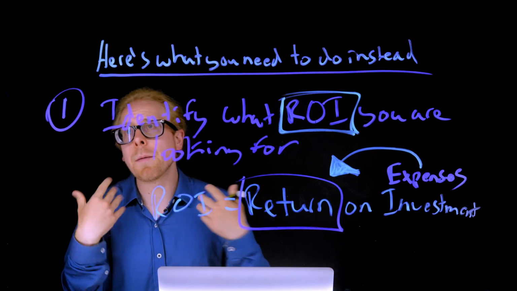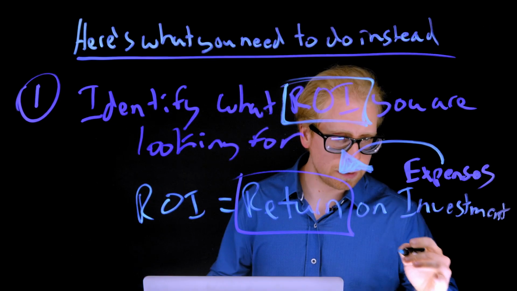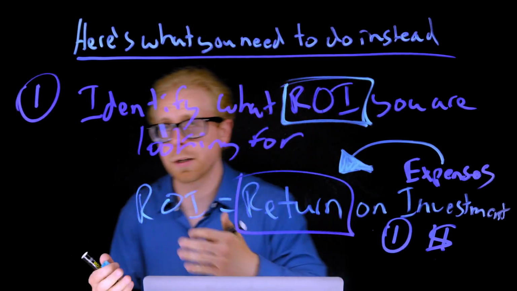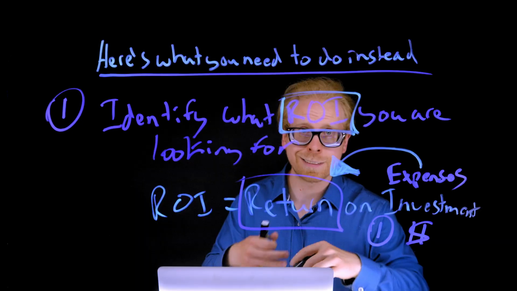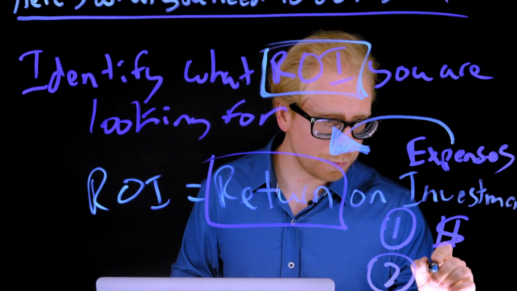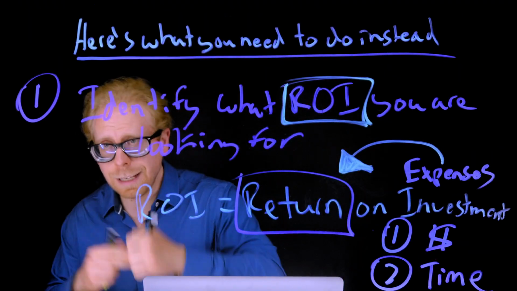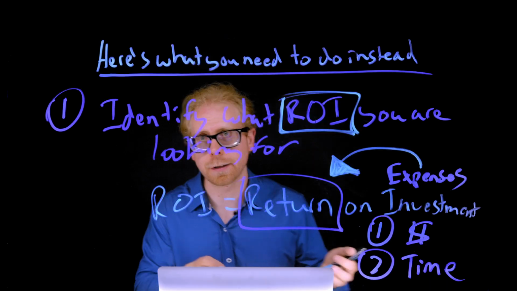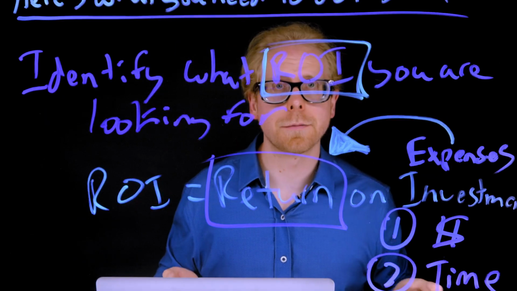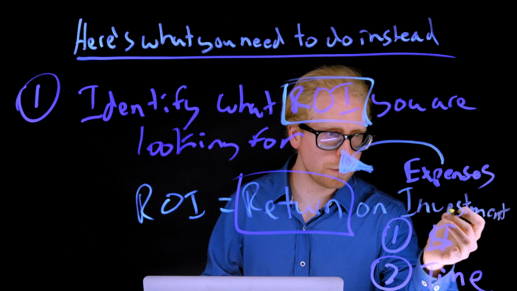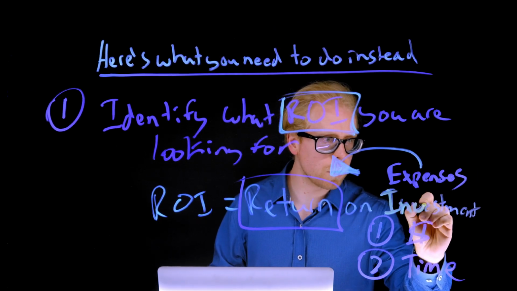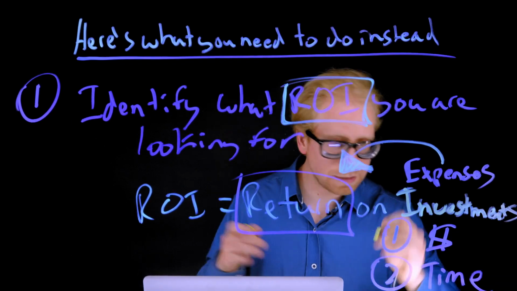And if you look at it, I'm investing two things. I'm investing money, because I'm spending money on this software to reach out to podcasts and become a guest, but I'm also spending my time. And when anyone is investing in anything, these are the two things you're investing: money and time. When you're investing money in expenses for your business, or we're calling them investments, you are investing both of these things.